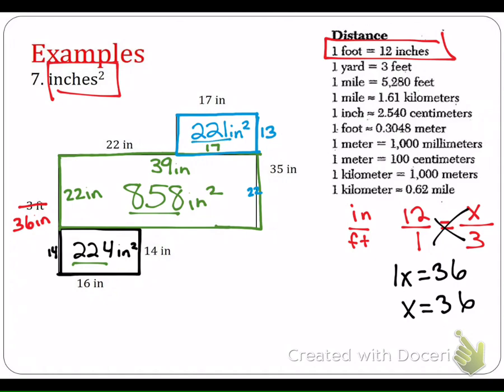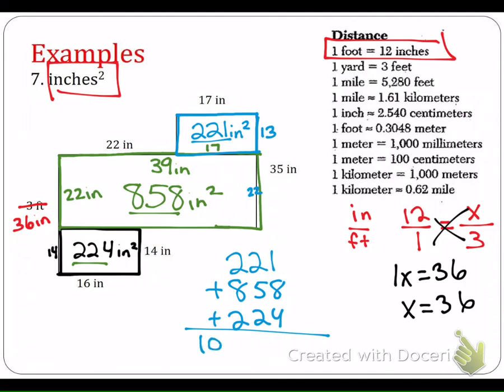Now you add those. So I need to do 221 plus 858 plus 224. And this is all square inches.